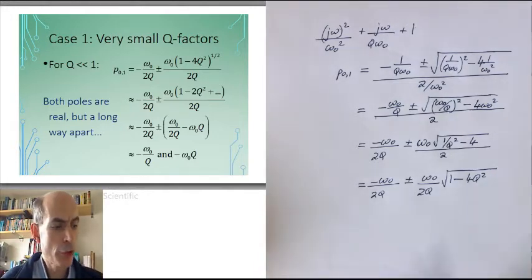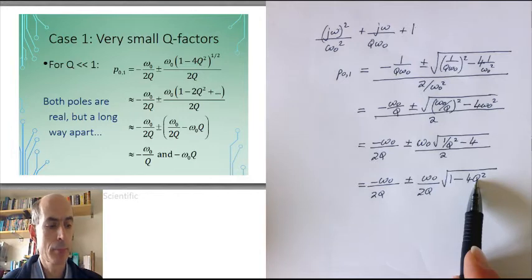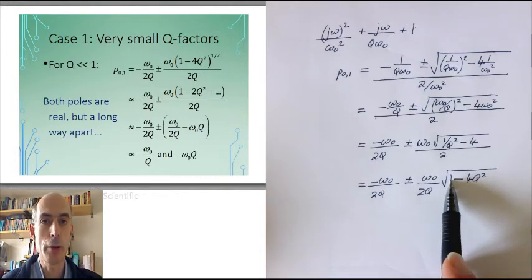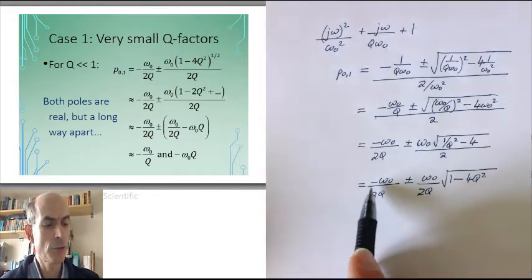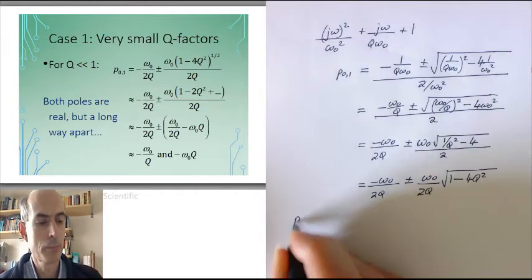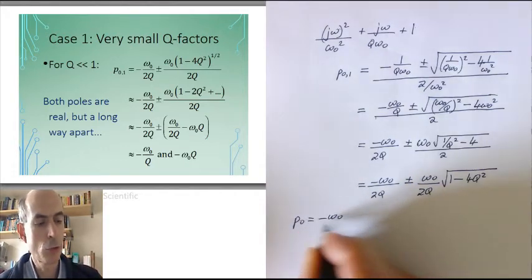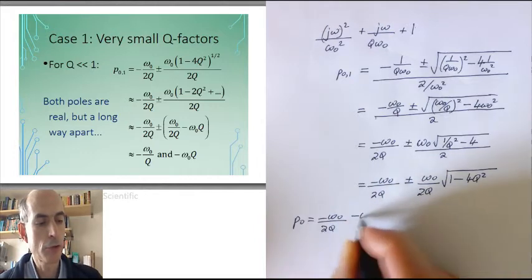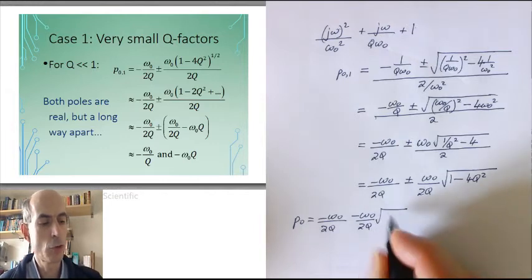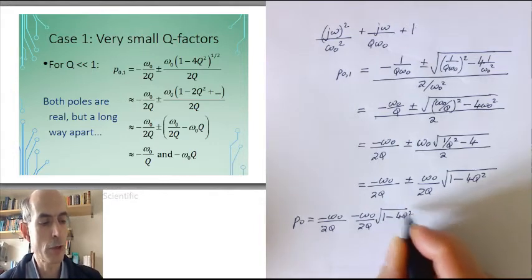Now, if Q is a very, very small number, then 4Q squared is going to be much smaller than 1. So, to work out my first estimate of my pole, let's consider the first pole, P0, where the minus sign is taken: minus omega naught over 2Q minus omega naught over 2Q times the square root of 1 minus 4Q squared.